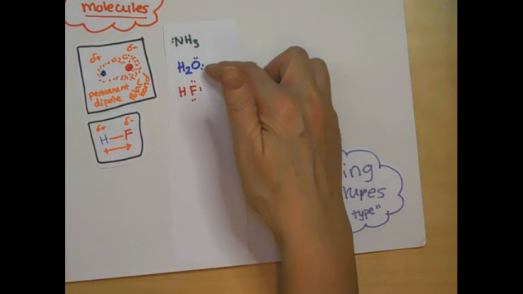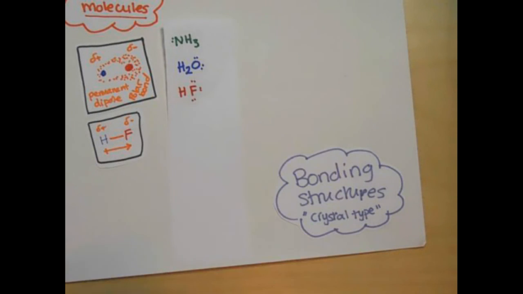And similarly with water, the negative end of water has got 2 lone pairs, and they're attracted to the 2 delta positive hydrogens, and so we're getting stronger bonding there, and we've got 2 hydrogen bonds in water.